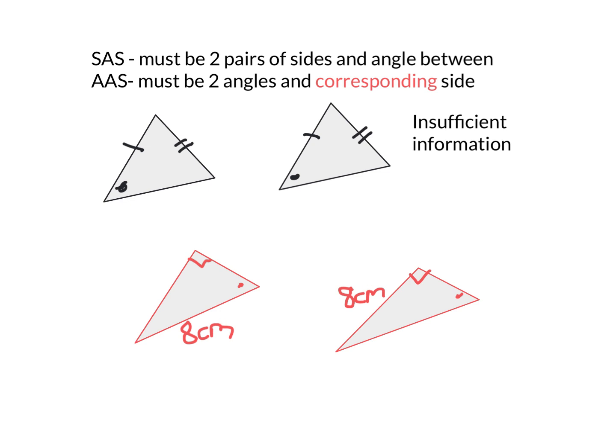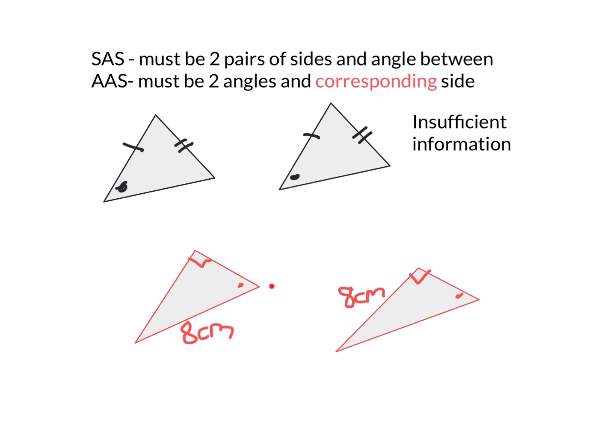See, in triangles, the longer side is always opposite the largest angle. So in this triangle, the 8 centimeter side must be the longest side. Whereas in this triangle, 8 centimeters is opposite one of the smaller angles. 8 centimeters is not the longest side in this triangle. It's not opposite the largest angle.